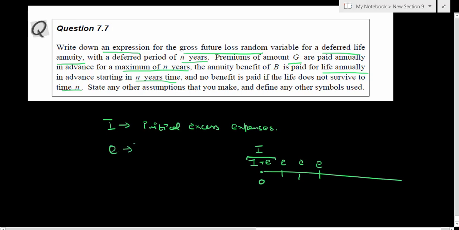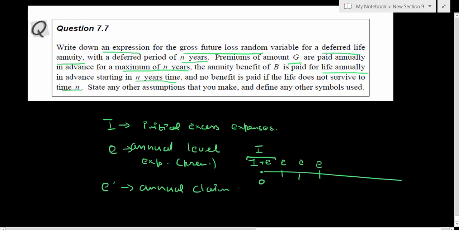E is the annual level expense, which is payable with the premium. And they have defined another notation E dash, which is the annual claim expense, which is payable with the claim annuity amount. So annual claim expense, right? They have used these notations, and I am going to use the same.